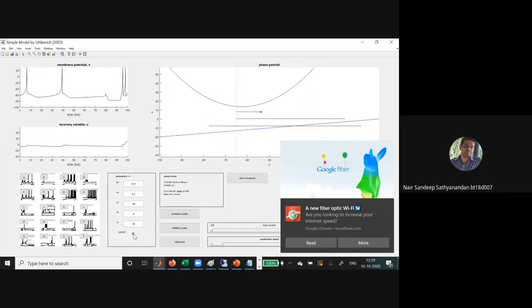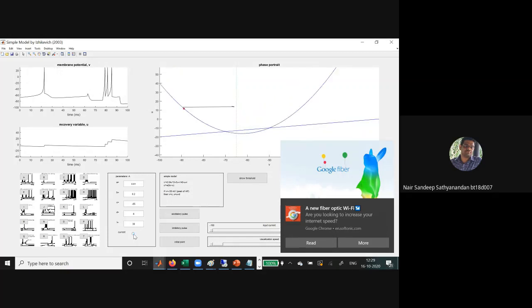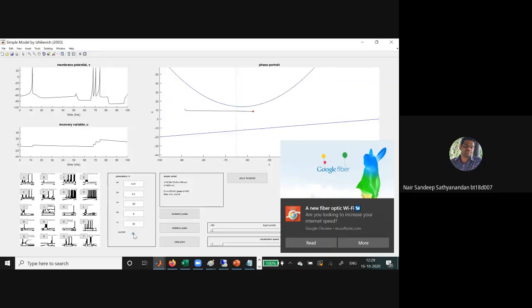So the current is given, it is spiking, and when the current is withdrawn there is a lack of spikes, and then again. So there is an adaptation between the nature of the current given and the frequency of the spikes.